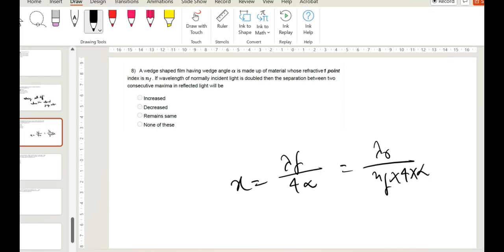If the wavelength of the normally incident light is doubled, so if lambda naught goes to 2 lambda naught, so delta x will increase.